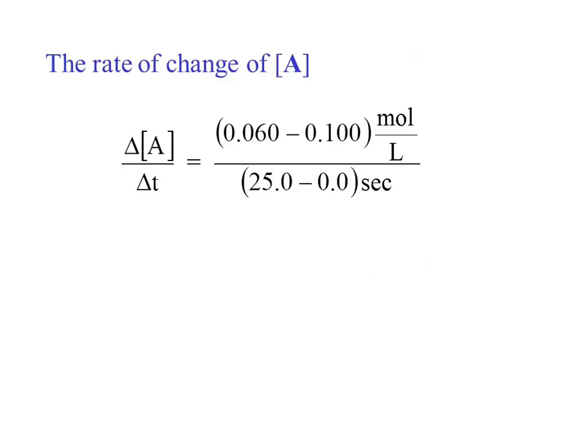So the rate of change of A, not too bad. It's final minus initial. The final was 0.060 moles per liter. The initial at time zero was 0.100 moles per liter. The final time was 25.0 seconds. The initial time was 0.0 seconds. Subtracting and then taking the ratio, you get negative 0.040 moles per liter divided by 25.0 seconds, rounding to 2 sig figs.